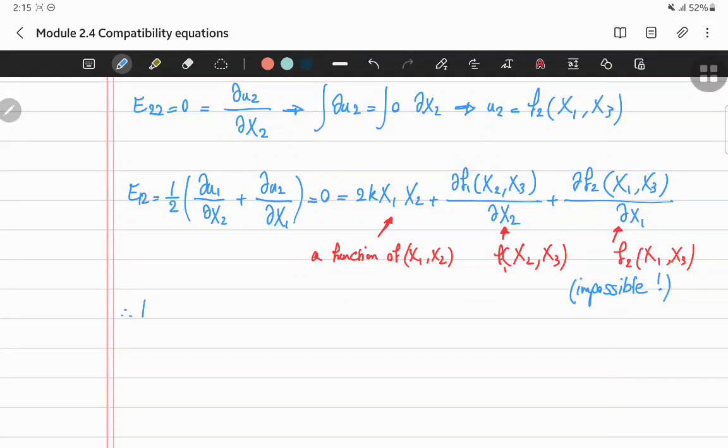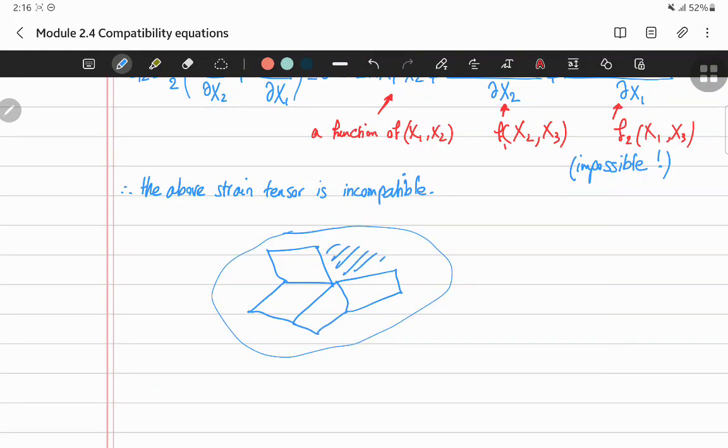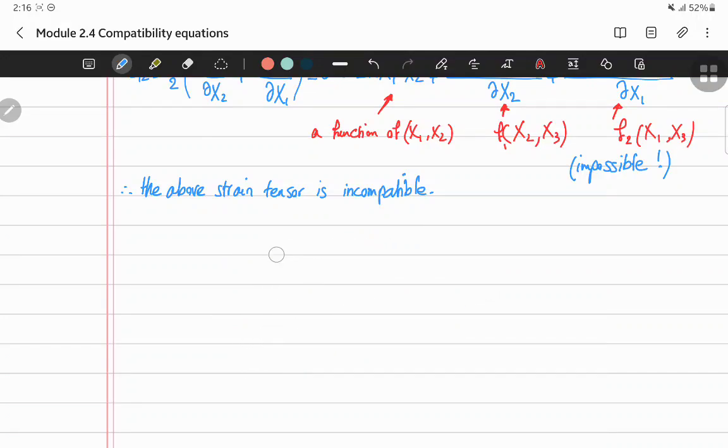Therefore, the above strain tensor is incompatible. It can't give us a continuum or a continuous solution. For example, it becomes something like this, for example. So here you have discontinuities in your domain. All right.